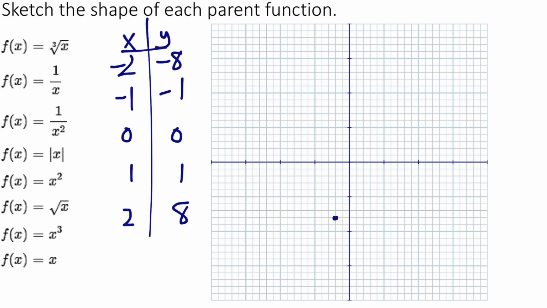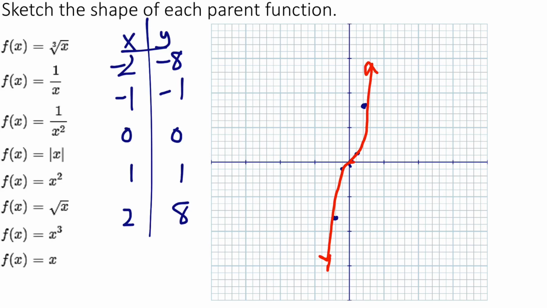Negative 1, negative 1. 0, 0. 1, 1. 2, 8. Okay, so we get this characteristic cubic shape that we keep talking about. Symmetric about the origin, so it looks like that.